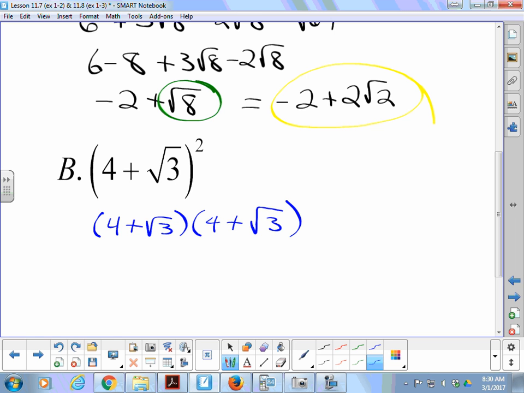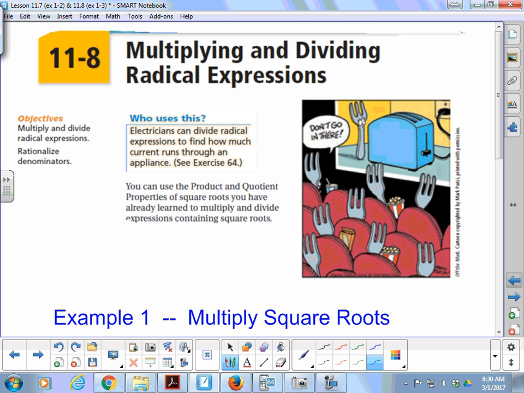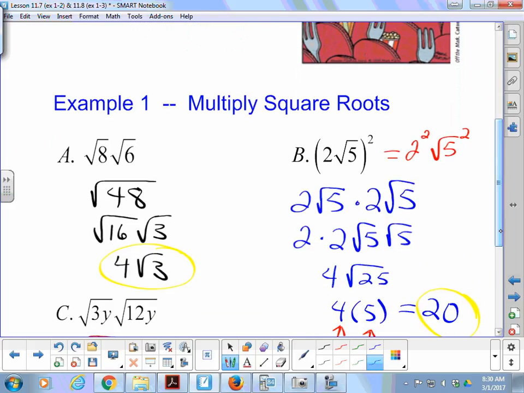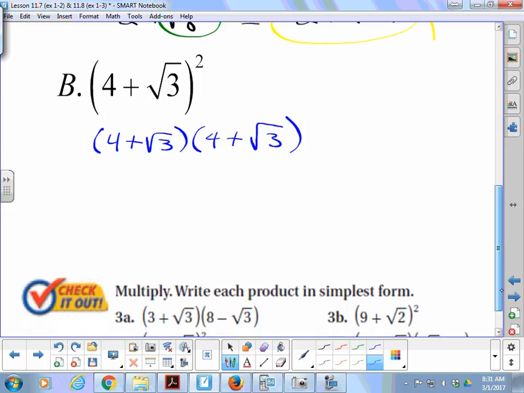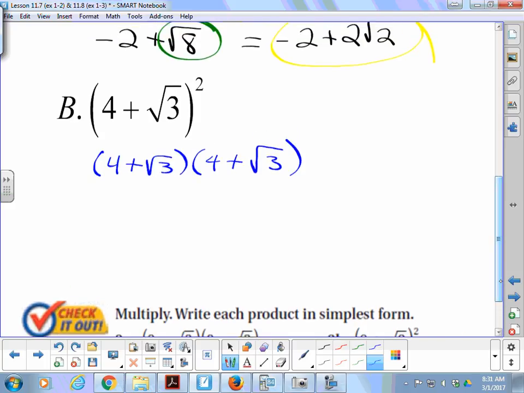I said over here that we can use this little trick when it was squared, but that's because there was no plus sign or minus sign between them. It's different if we have a sum or a difference. You actually have to multiply them out. So 4 times 4 is 16. 4 times square root of 3 is 4 square roots of 3.